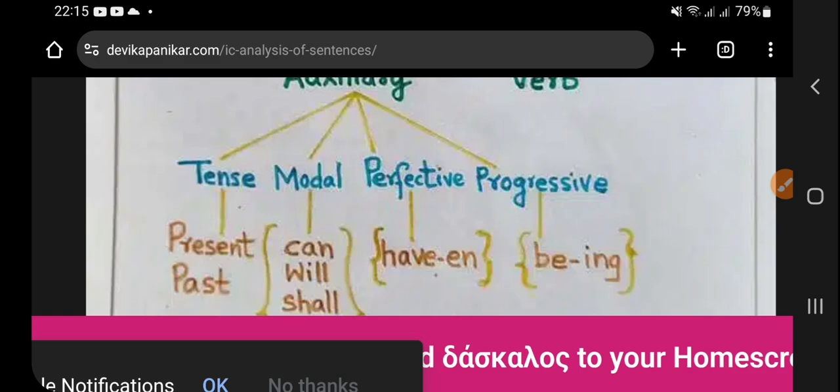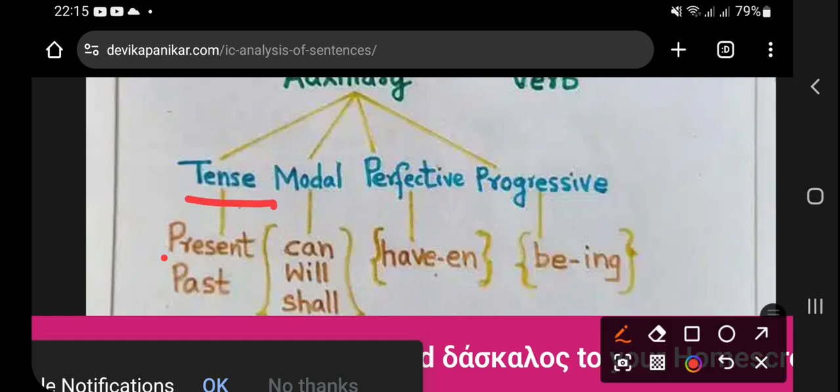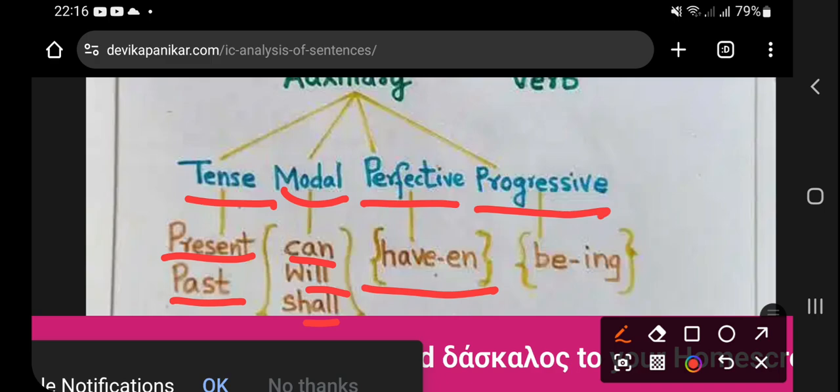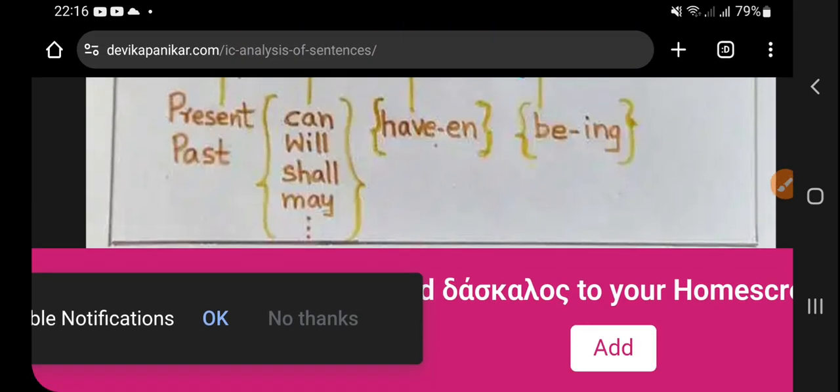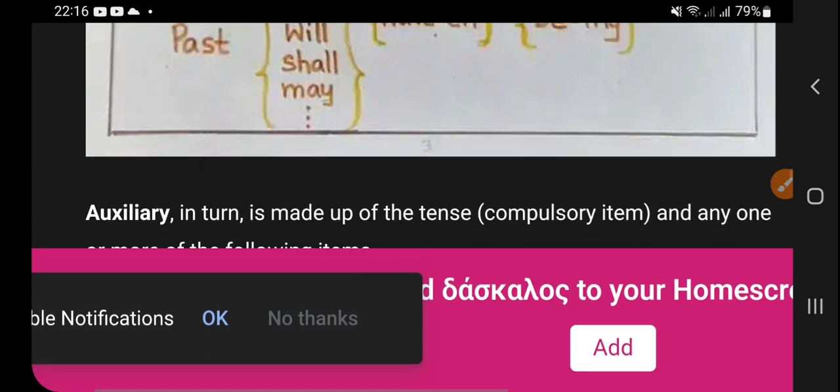A number of tenses are present, past. Then modals: can, will, shall, may, might. Then perfective is called have been, progressive is called being. So these make up the verbal group, and any one or two of them may come in the sentence.